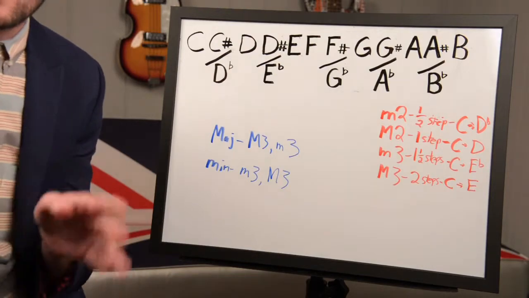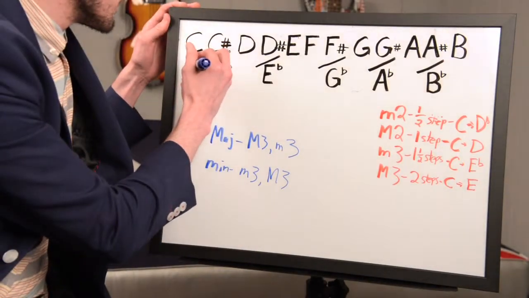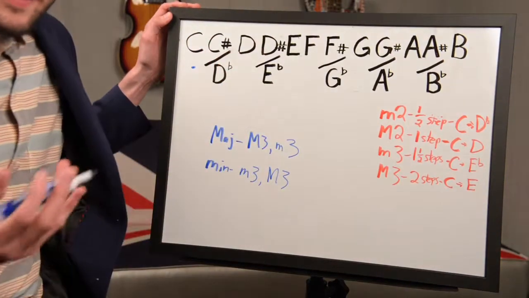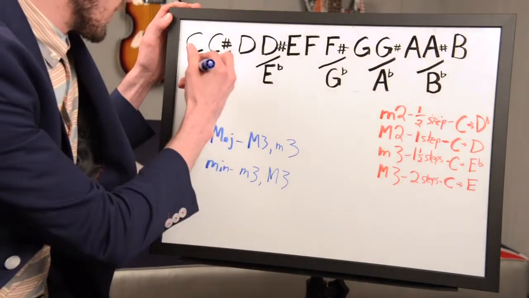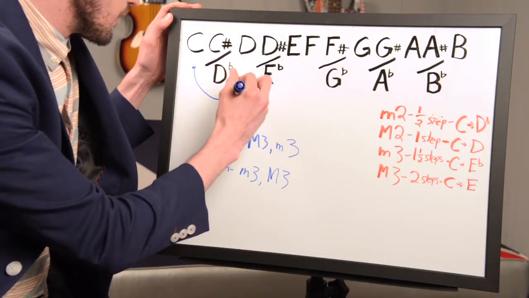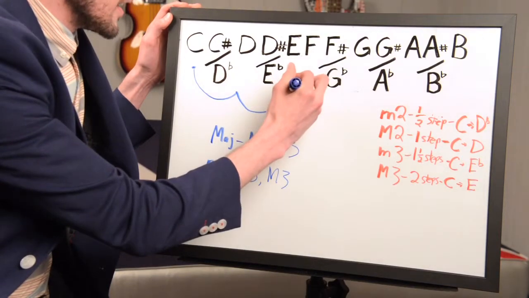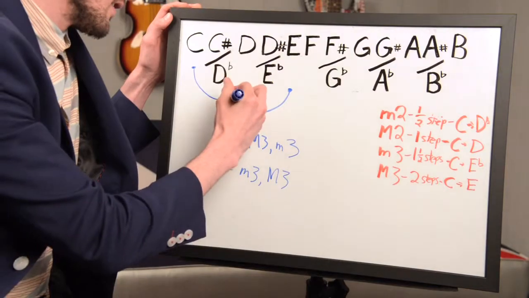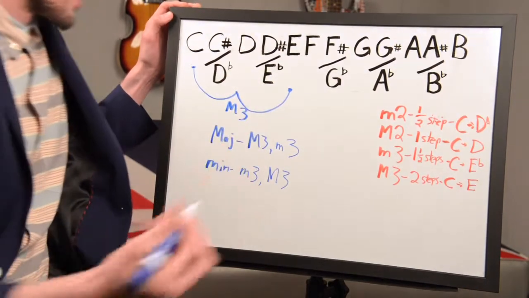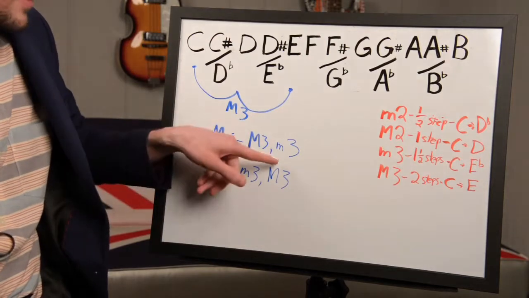Let's say we wanted a C major chord. Well, we're going to start from C, and then we're going to move up a major third. So 2 whole steps. 1 whole step would be D, and another whole step would be E. So C to E is a major third. Now from the E, we want to move up a minor third.